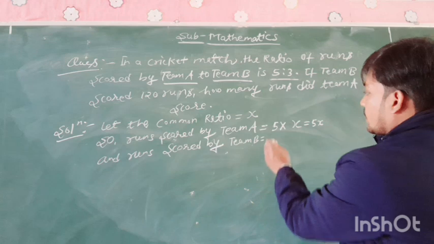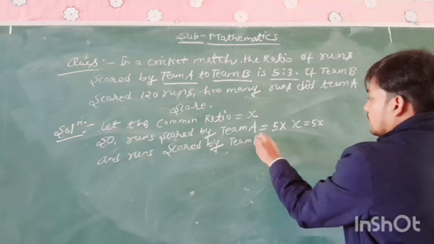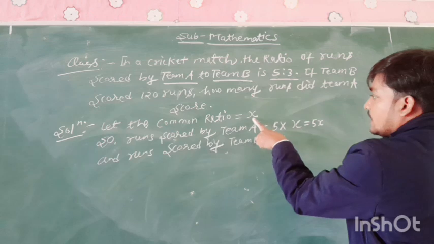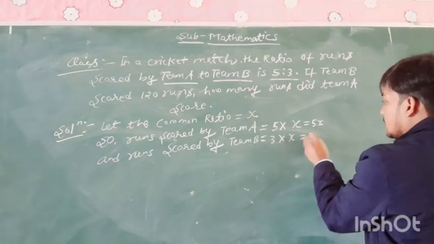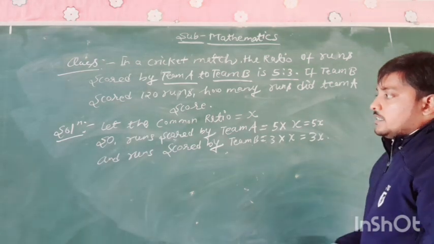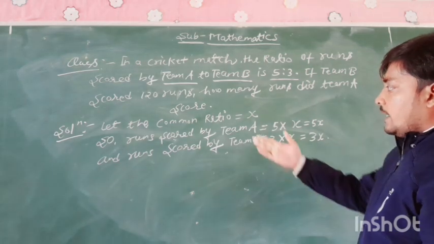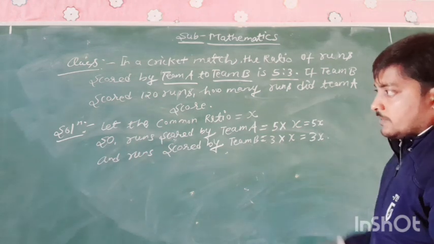So runs scored by team B is equal to 3 into the common ratio x, which is 3x. So here the runs scored by team A and team B are 5x and 3x.